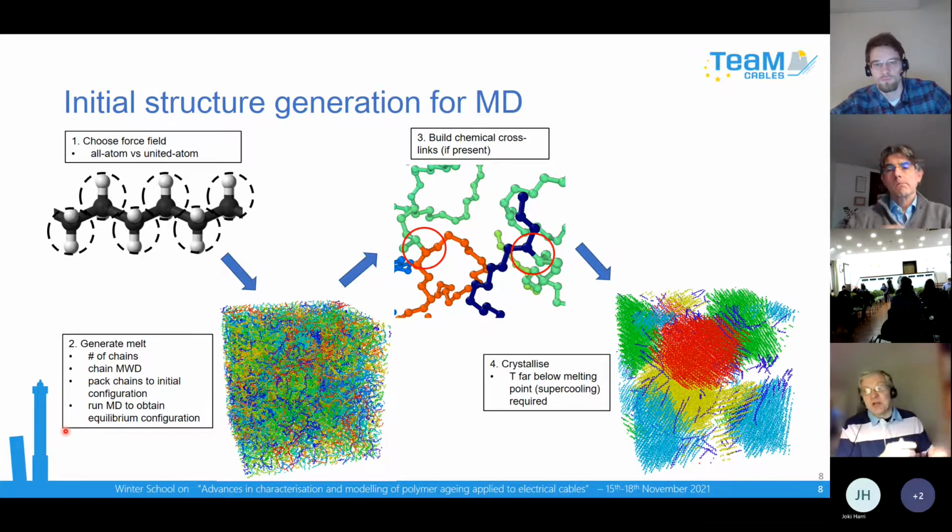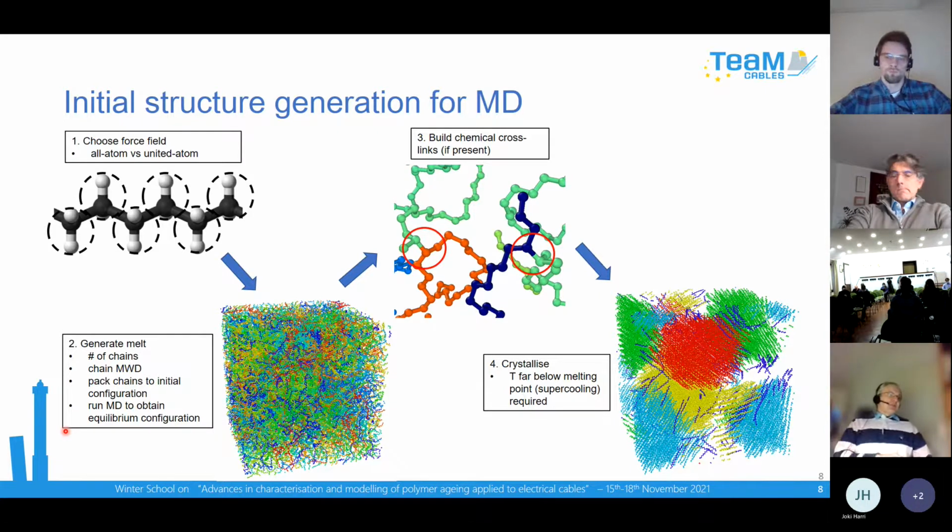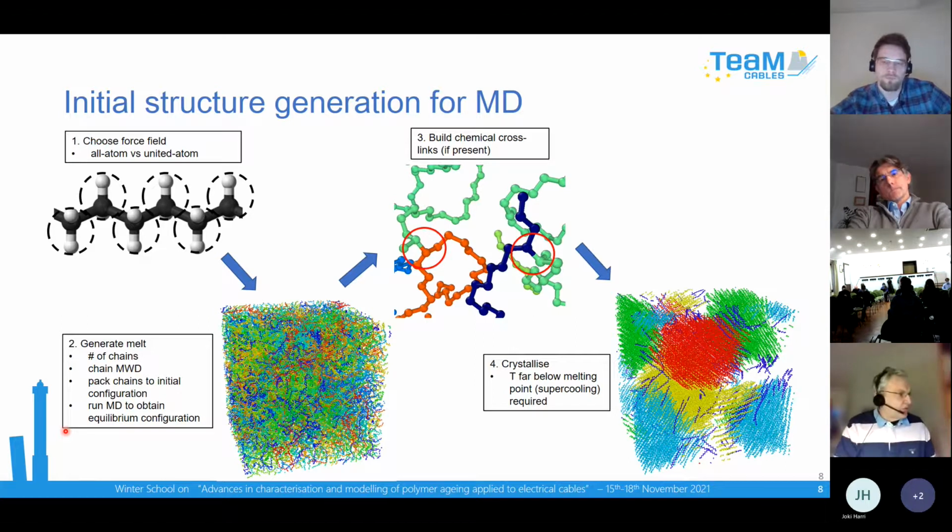We have to measure the shape of each of these chains, the distance between the ends of the chains, and there are many parameters we can measure during the simulation to ensure that we have really reached some sort of an equilibrium. Typically, we do this in the melt state, so we are above the melting temperature.